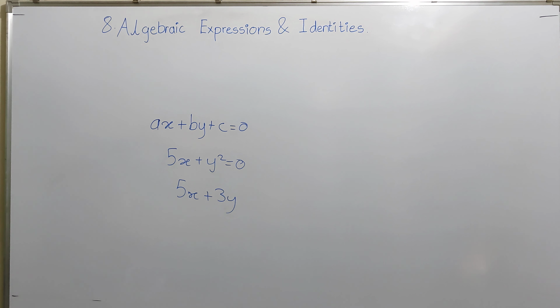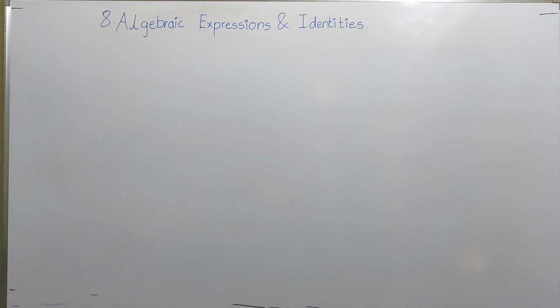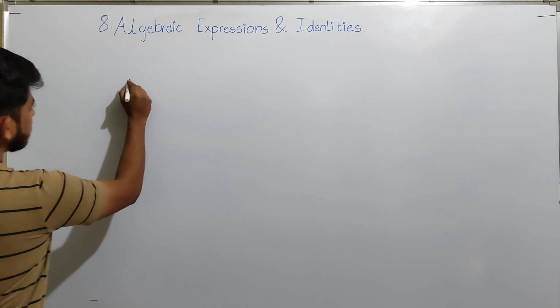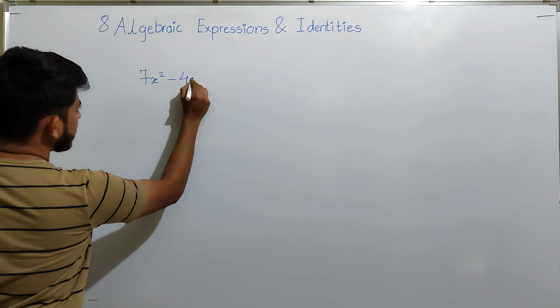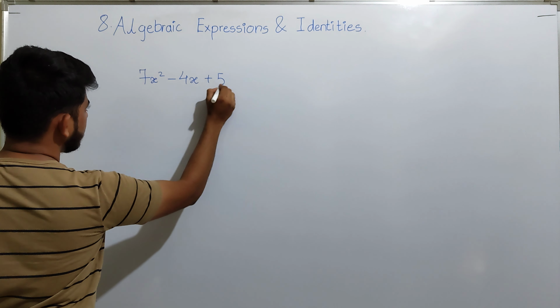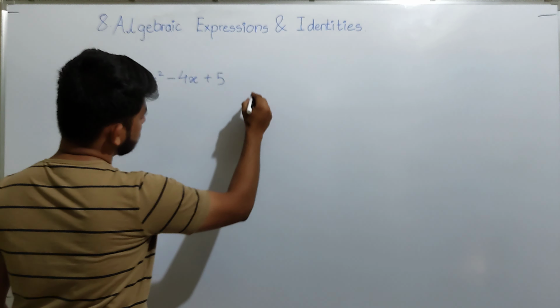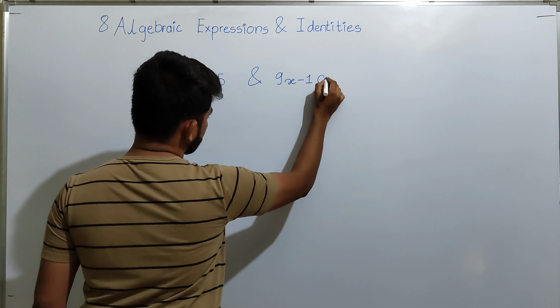Now see here, what are the actual equations? They have given the equations 7x square minus 4x plus 5, right? This is the first equation they have given, and they have given 9x minus 10, right?